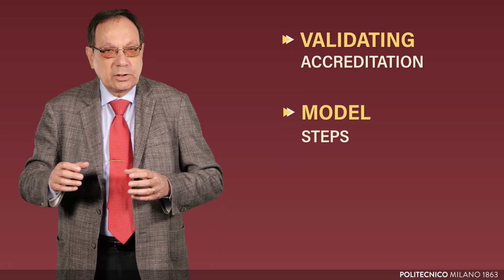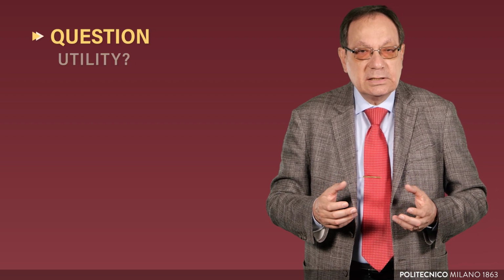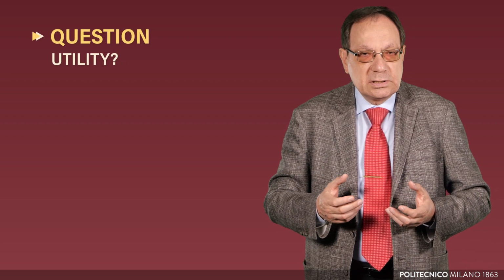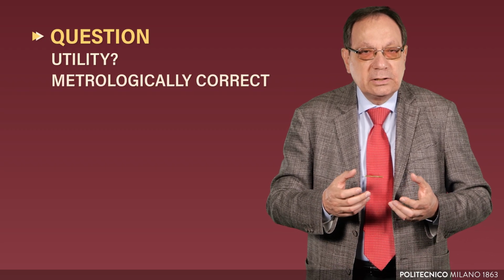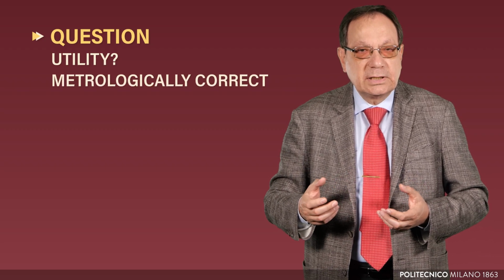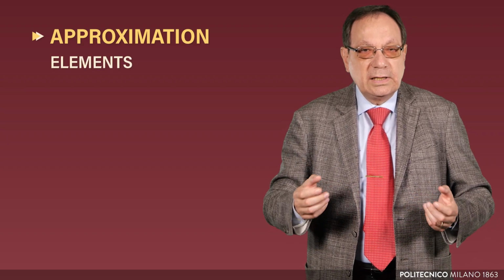The question we can now ask ourselves is, how can we use this model? How does it help us to obtain metrologically correct measurement results? We have already seen that a measurement result can only provide an approximation of the true value of the measure, and we can perceive that the causes lie precisely in the various elements of the model we have analyzed.